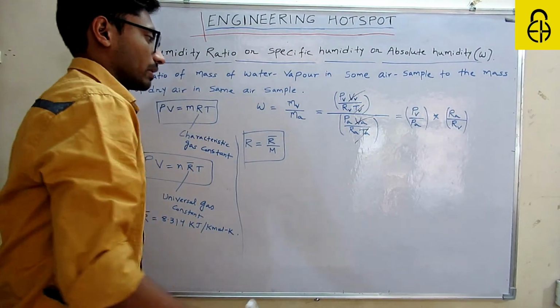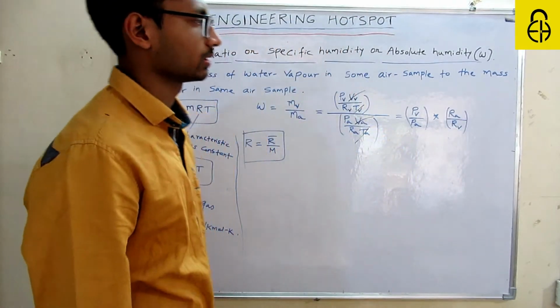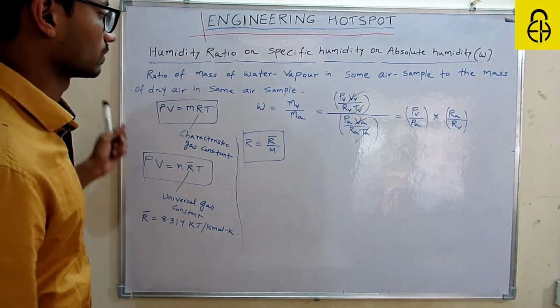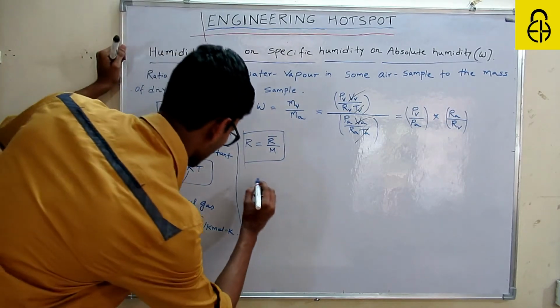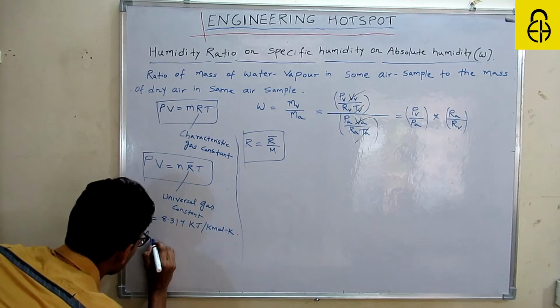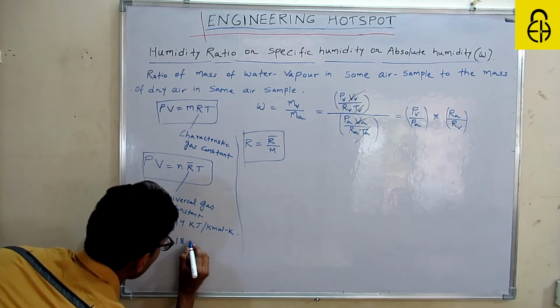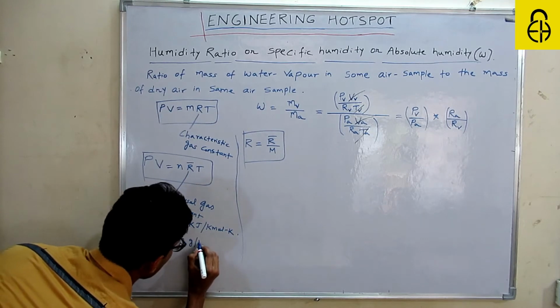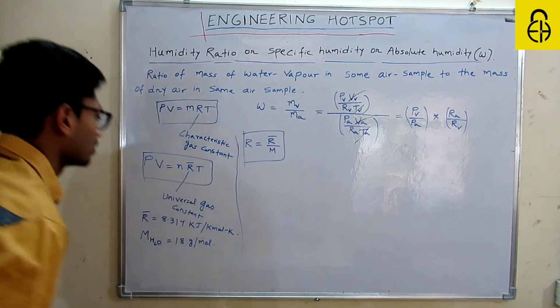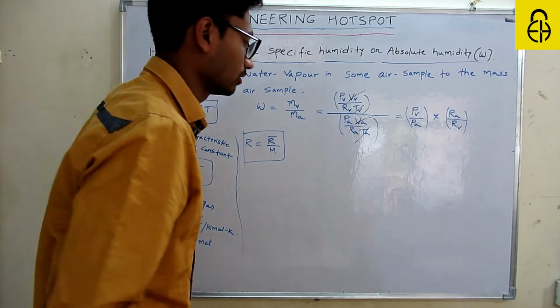Suppose we are taking vapor. We know vapor is H2O only. And the molecular weight of H2O is 18 gram per mole, or you can write it as 18 kg per kilomole.